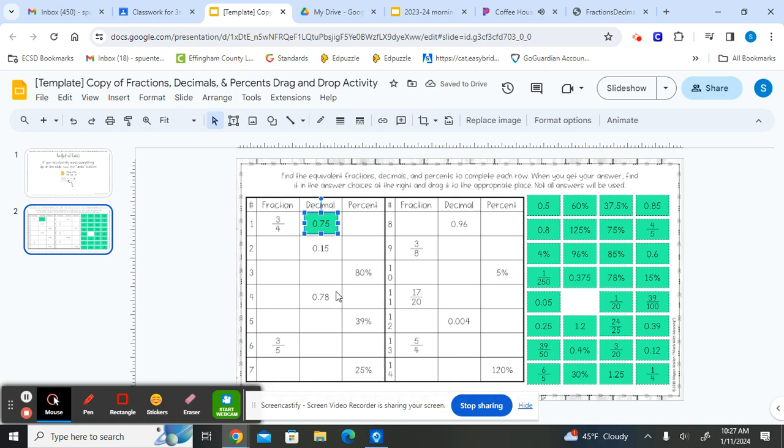Now that you know what your decimal is, you could either look at it and tell what it is, or you can take your 0.75 and multiply it by 100. And then if you do that, what are you going to get for your percentage? 75%. Go ahead and bring it over here. You guys good? I will give you this one as a freebie right here.